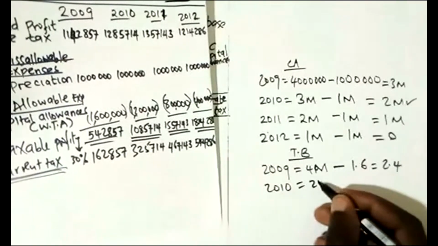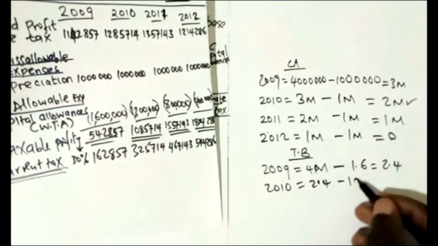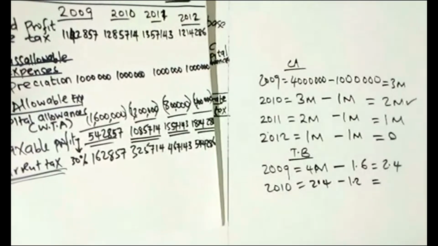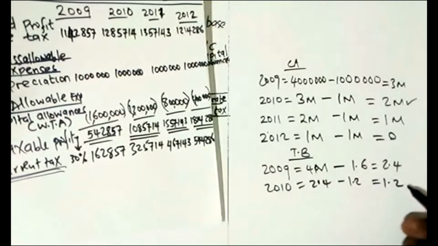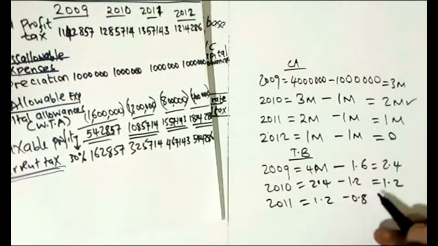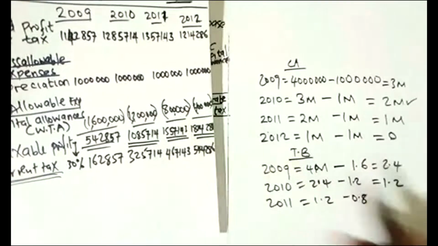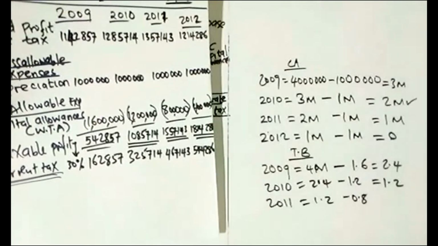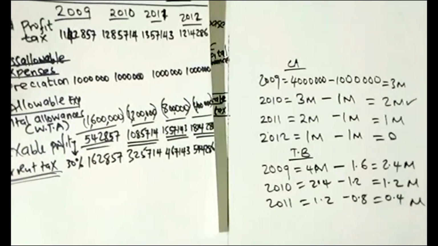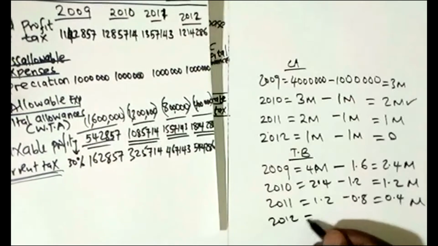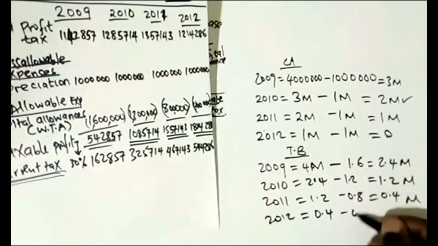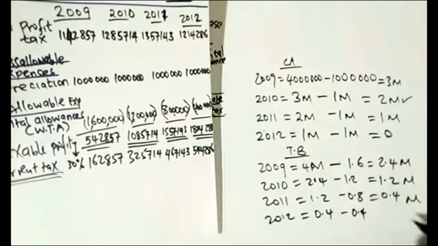In 2010, it will be 2.4 minus 1.2, which is 1.2. In 2011, it will be 1.2 minus 0.8, the 800,000. We get 0.4. Remember, this is in millions. Then 2012 is 0.4 minus 0.4, the last one, so you get 0.